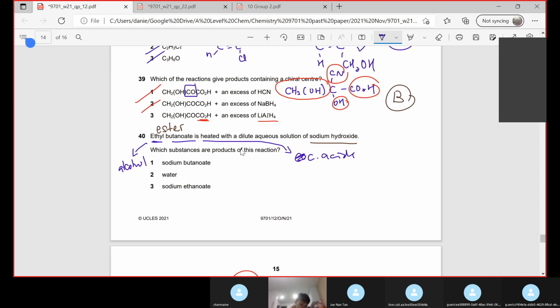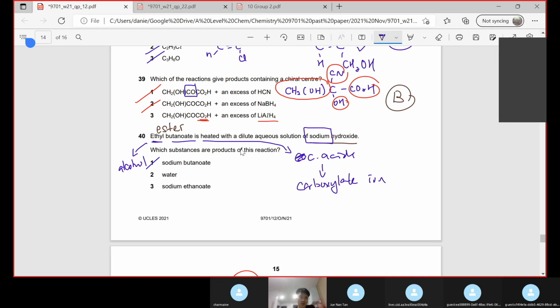Usually when an ester is hydrolysed, it forms back alcohol and carboxylic acid, but over here it is an alkaline state. So in the alkaline state, the carboxylic acid will become carboxylate ion. Then butanoic acid becomes butanoate, and since here is sodium, it will become sodium butanoate. So number 1 is correct.